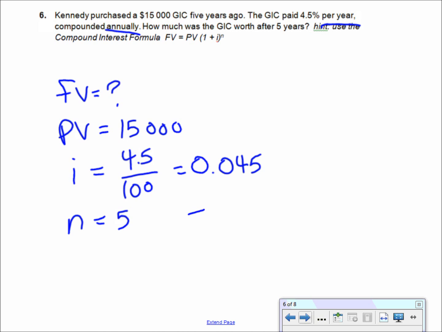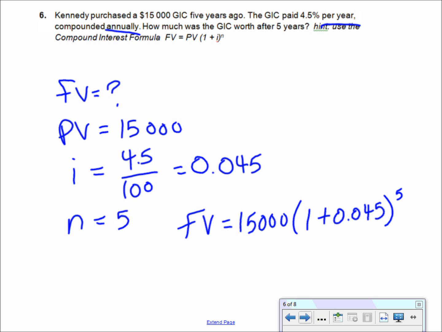So, future value equals 15,000, bracket 1 plus 0.045, to the exponent 5. Let your calculator do the work. 15,000, bracket 1 plus 0.045, close the bracket, exponent 5.